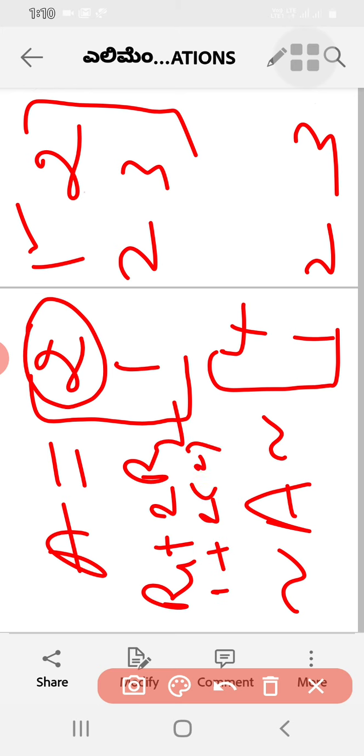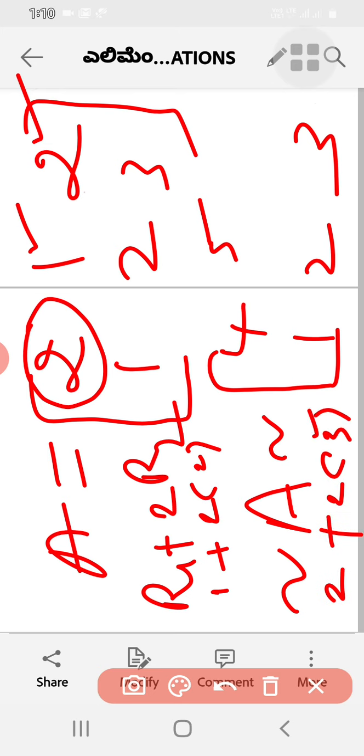So 1 plus 4, that will be 5. Then you consider this element, R1 plus 2R2. That will be 2 plus 2 into 3, the corresponding element is 3. So that is 2 plus 6, that will be 8. So our matrix will be 4, 5, 8, 1, 2, 3.